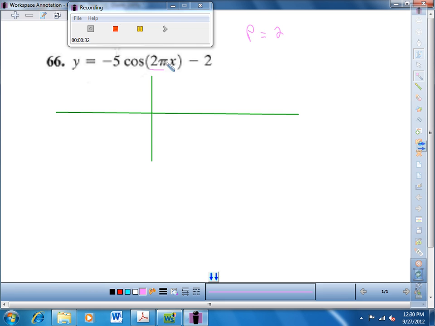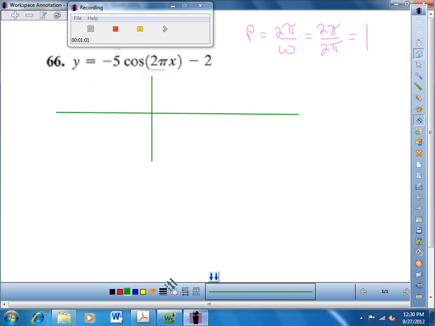To find the period, it's 2 pi divided by omega, or B, which I like to call it. In this case, that period is 2 pi over 2 pi, which is 1. Now this one doesn't have a phase shift.